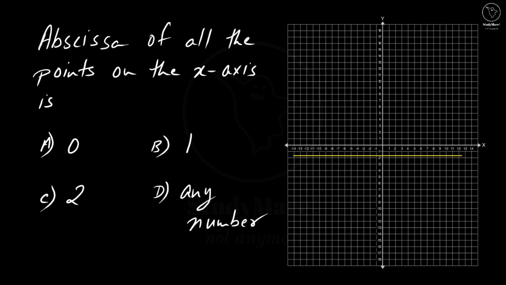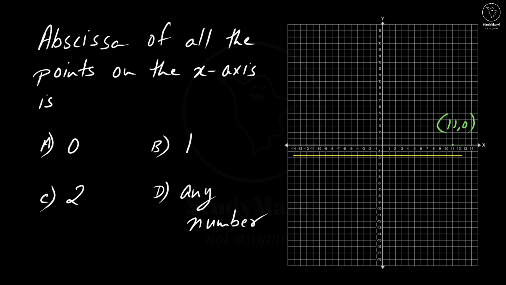Means if we take, let's say, just to understand, a point on this line, let's say this one. What will be its coordinate? It will be 11, 0 because there is no movement on y, no distance on y-axis. So we have 11, 0.